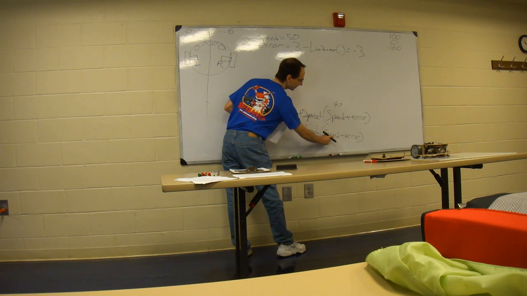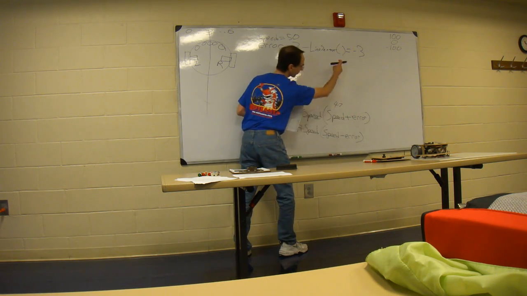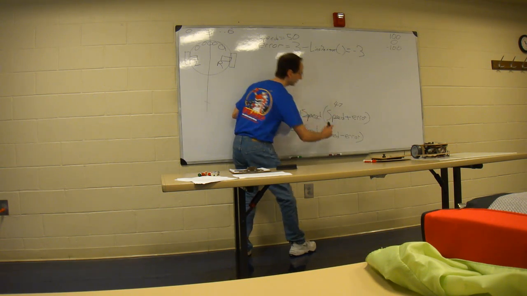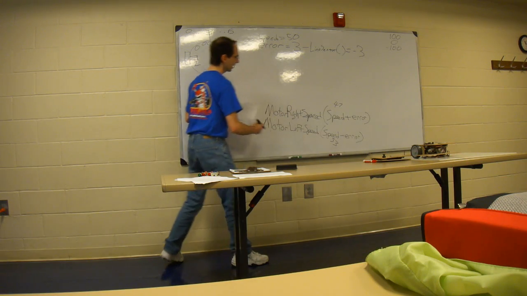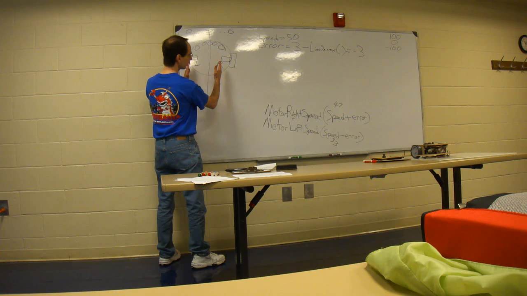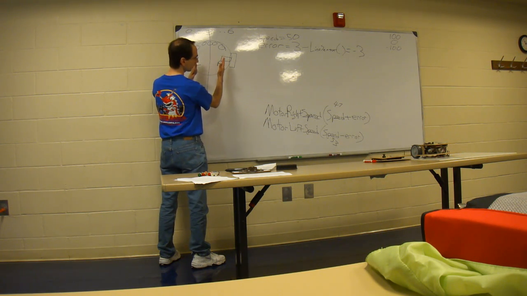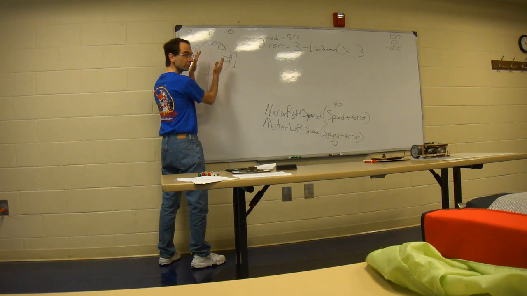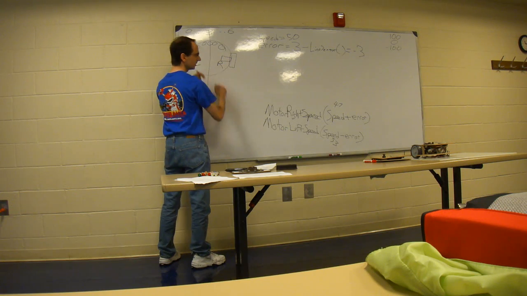And then down here we would have 50 minus a minus 3, which would make the minus a plus. So we would have 53 here. That would cause the right motor to go a little slower, and the left motor a little faster, so that would cause us to turn this way, right? And that's where our line is, so we're turning towards the line.